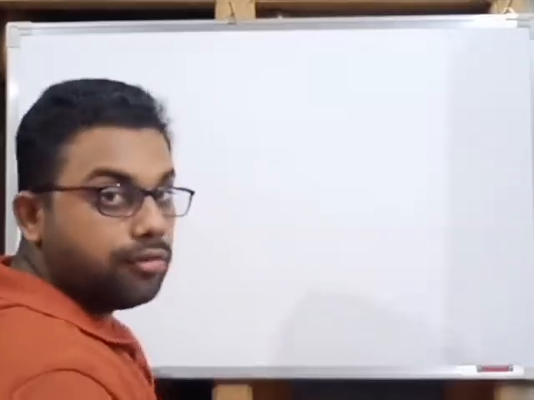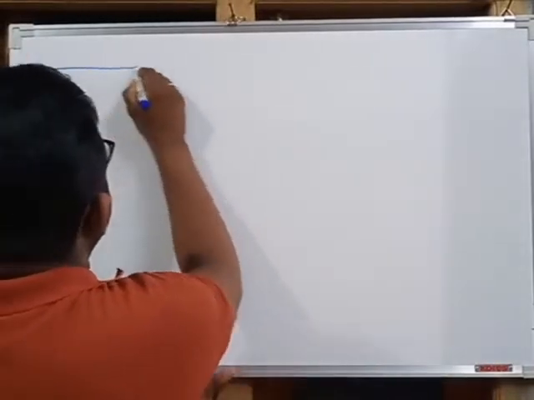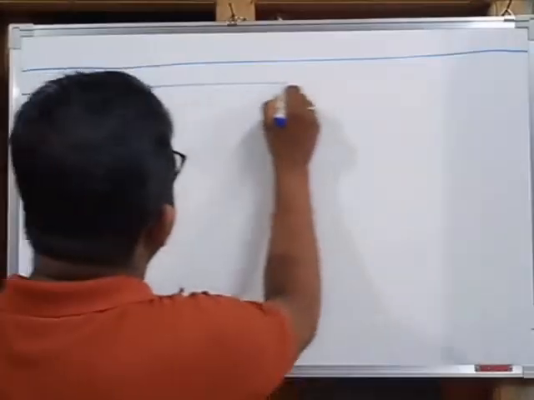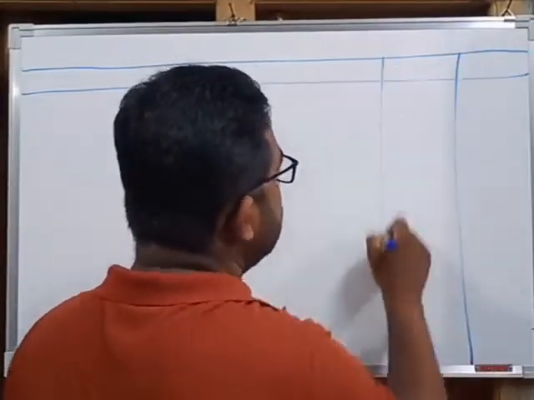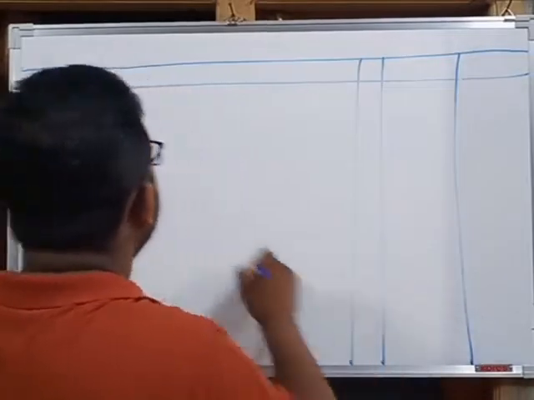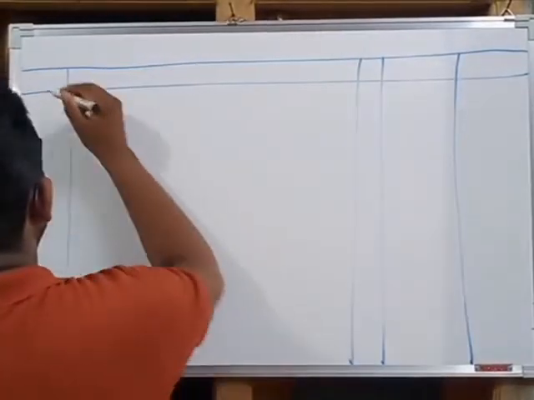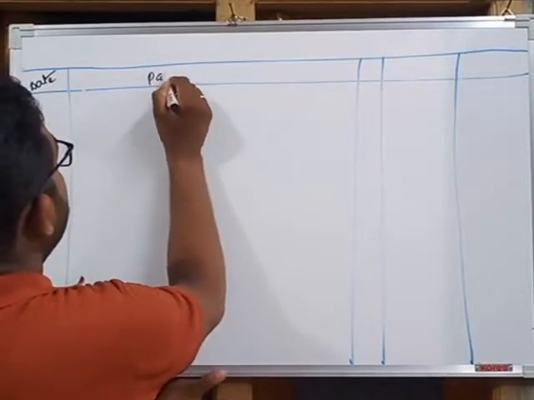I think all of you know how to draw a journal. So, journal. Okay, this is the journal, and this column is called the date column. This one is the particulars.